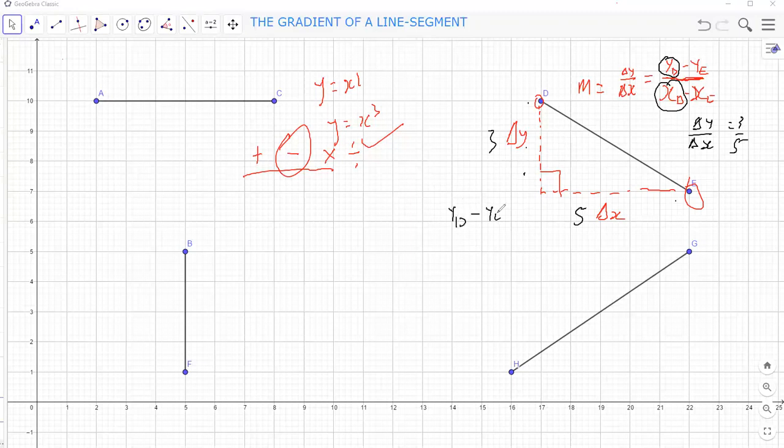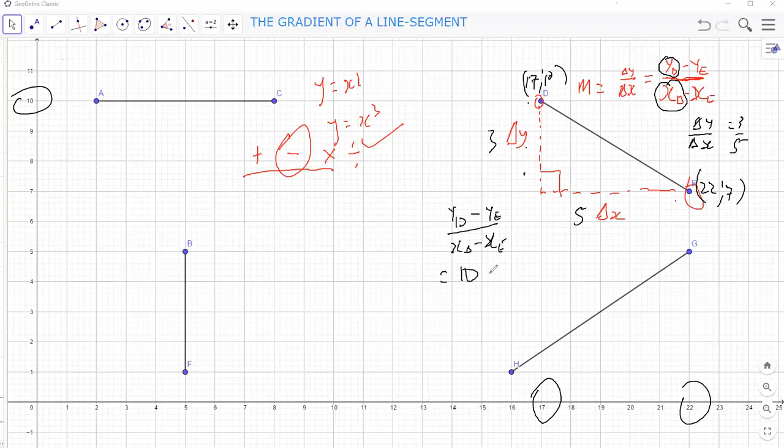So let's quickly prove that and see if the formula works. What is yd minus ye over xd minus xe? I didn't put down the coordinates for D. D is 17 and 10, and E, you can see here, is 22 and 7. So I'm going to substitute. The y value for D is 10, and for E it is 7.